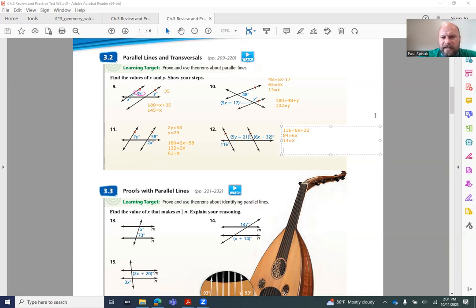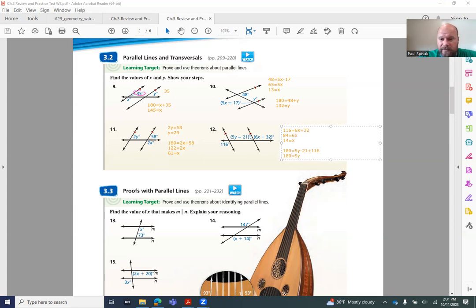For Y, again, kind of the same thing, except those two values, one's obtuse, one's acute, so they're going to be supplementary. So we can set them equal to 180. So 180 equals the 5Y minus 21, and we're adding to that the 116. We can go ahead and combine like terms.